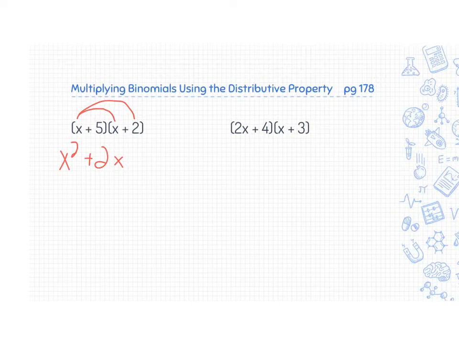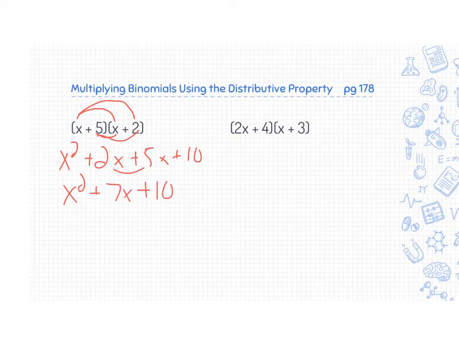Then I take my 5 and distribute, so I get 5x. And then 5 times the 2 is 10. Combine your like terms. We only have an x squared. I do have the two x's, so that gives me 7x. And then the plus 10 at the end there.